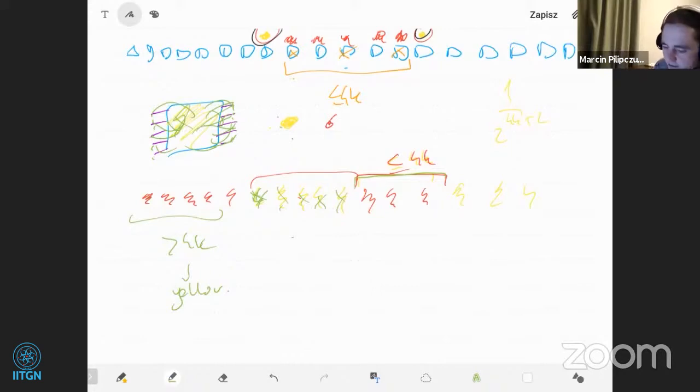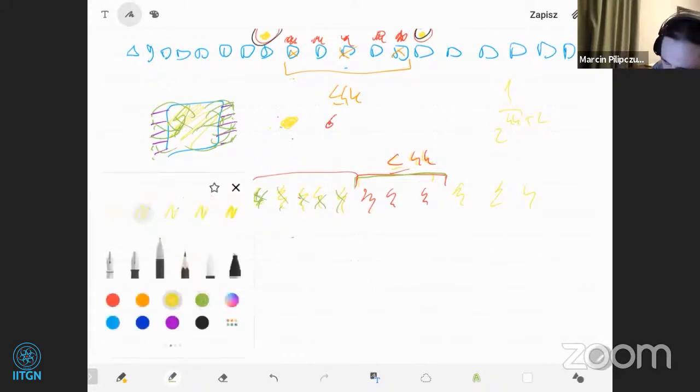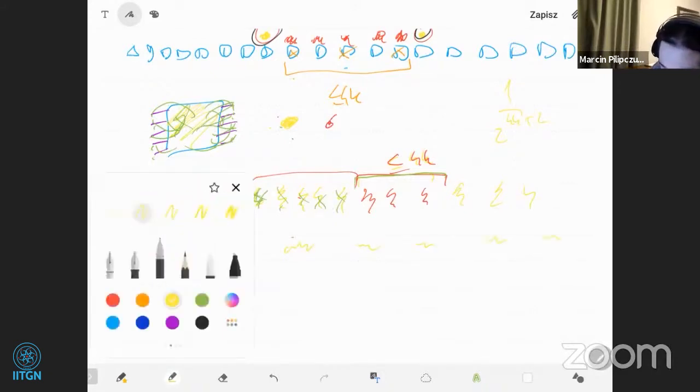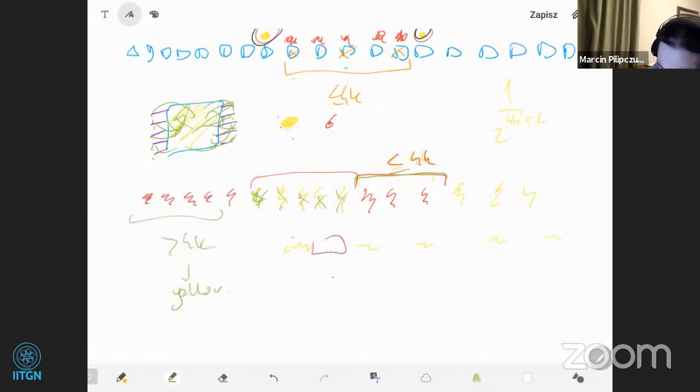The interesting thing happens now. You can think of there being a lot of yellow around, and there are some segments of at most 4K red bundles, and we don't know which one contains the solution. But we want to look at each of them independently, and inside each of them add some green edges.